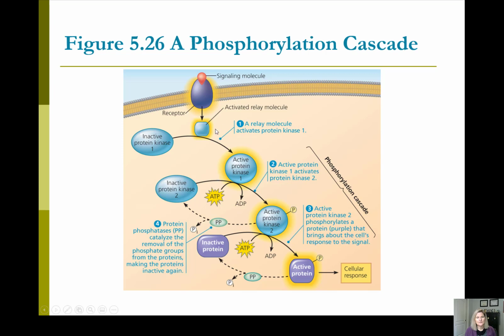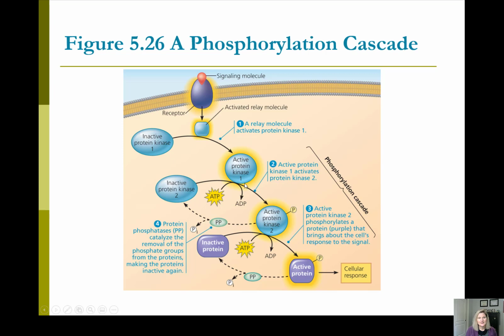So in this case, it's basically causing some sort of molecule to be activated, which is going to initiate the activation of, in this case, a protein kinase. So this kinase 1 is now activated based on that relay molecule.